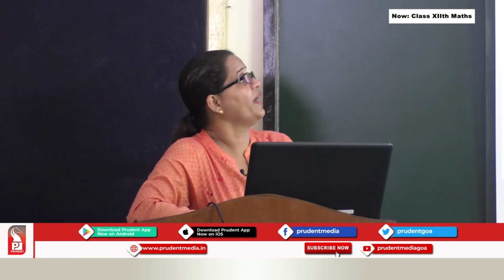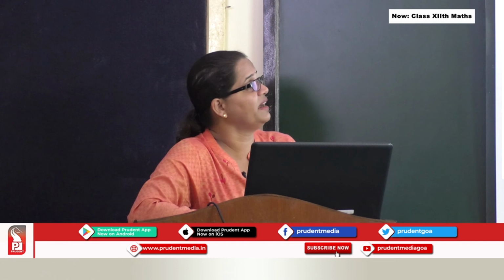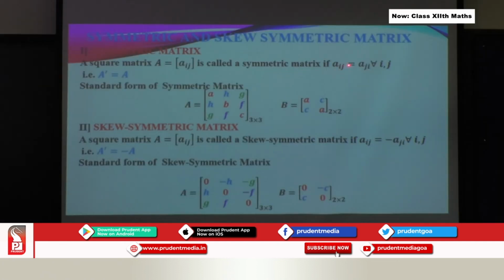Remember, a square matrix is called symmetric if Aij is equal to Aji for all i, j. What does it mean? The transpose of the matrix is equal to your original matrix A. A transpose equal to A is a simple definition. If A transpose is equal to A, the given matrix is a symmetric matrix.